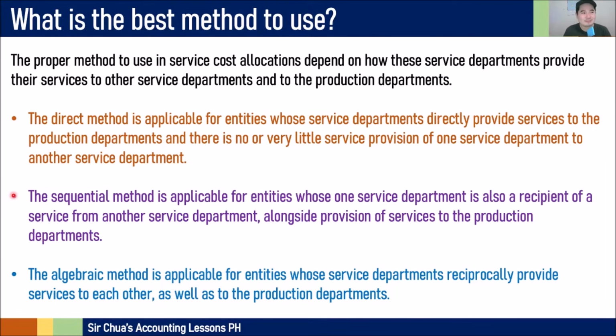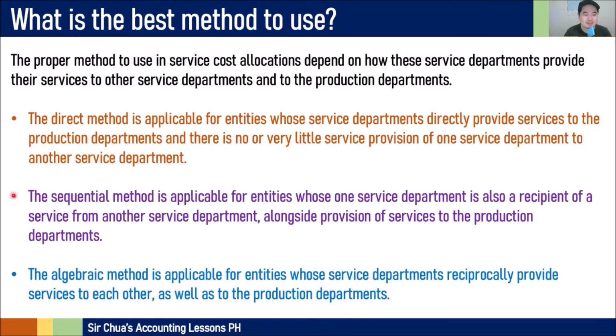So, ang nangyayari, si human resource nagbibigay ng services dun sa tatlo, si cafeteria, si production department 1, tsaka si production department 2. Pero walang reciprocal services na si cafeteria nagsaserve kay HR kasi si HR hindi sila nakakakain sa karinderya, sa cafeteria. Okay?